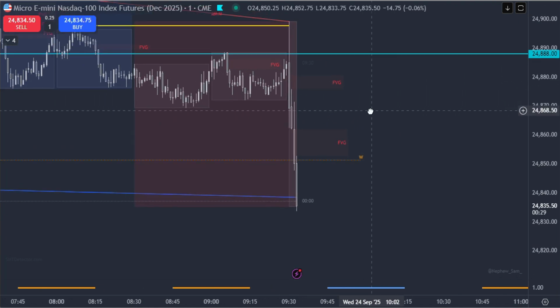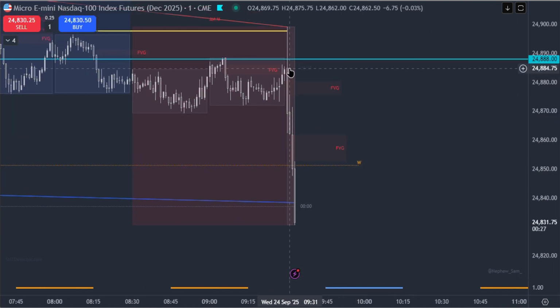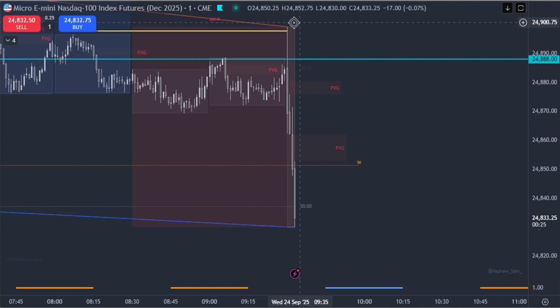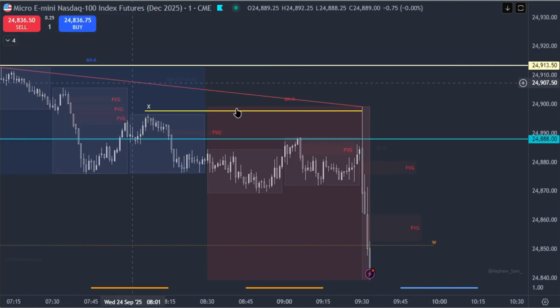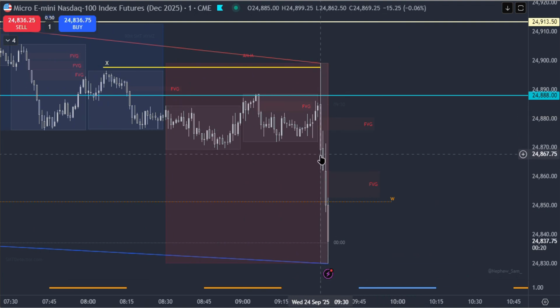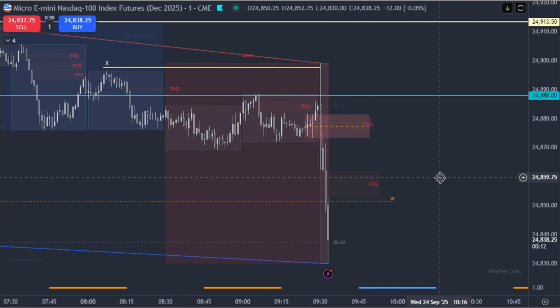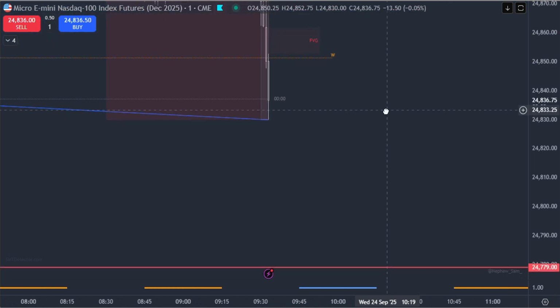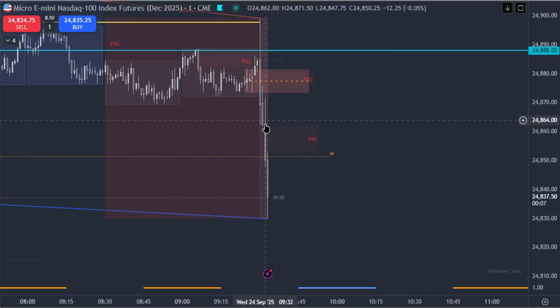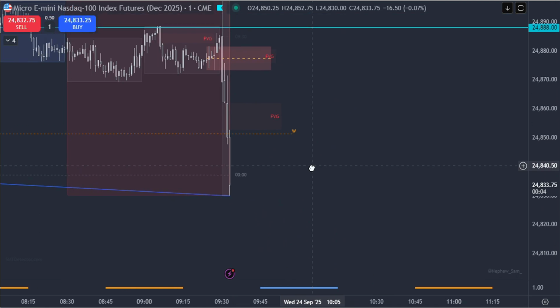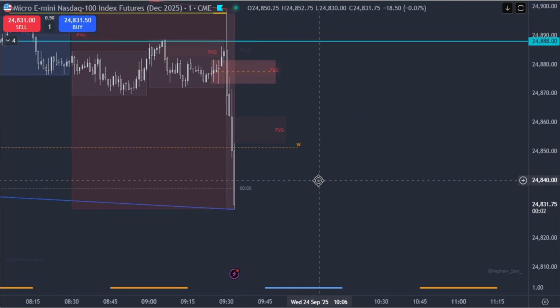So if you're looking for shorts during your 930 comes, it sweeps, you have that SMT at this high, and then as soon as we displace below that, you can use anything on the left side to enter a short, right? So, and this here, when it's just dumping like this is considered a low resistance liquidity run, which those are my favorite, right? Because you want to be in and out within a few minutes.